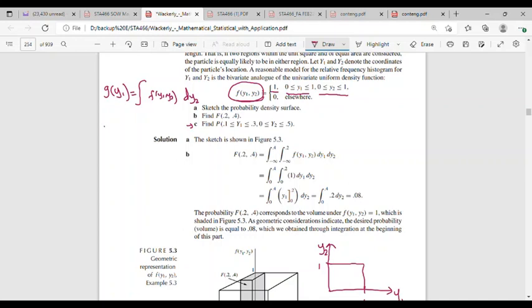Kalau nak dapatkan marginal untuk y2, we need to integrate the joint function, ya, x, y ataupun y1, y2 lah. But here kita gunakan y1, y2, so I buat y1, y2 lah, with respect to y1. Kalau nak dapatkan marginal y2, kena integrate with respect to y1. Kalau nak dapatkan marginal of y1, kena integrate with respect to y2.